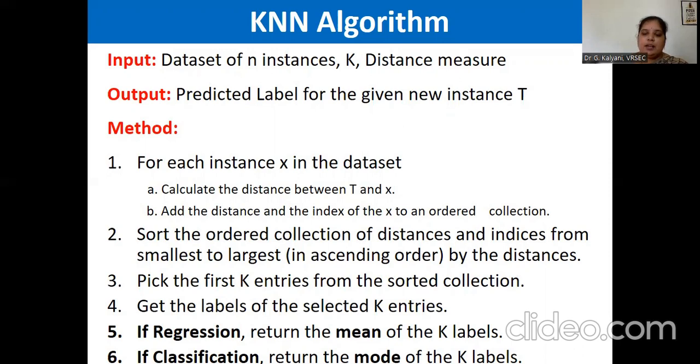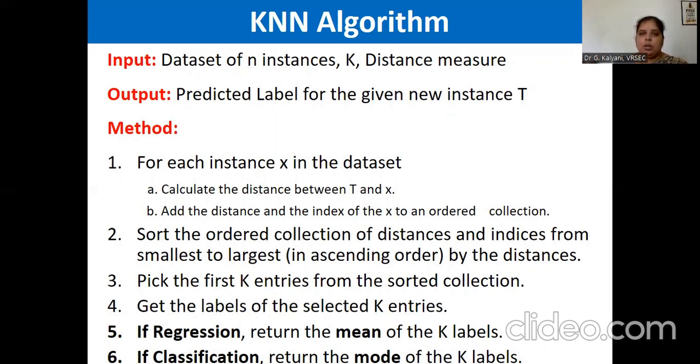So finally, after selecting the k instances, depending on whether your task is regression or classification, the final label will be decided. If your task is classification, the majority label among the k labels will be selected. If your task is regression, then the mean of all the k labels you have selected will be the predicted label for the given instance t.